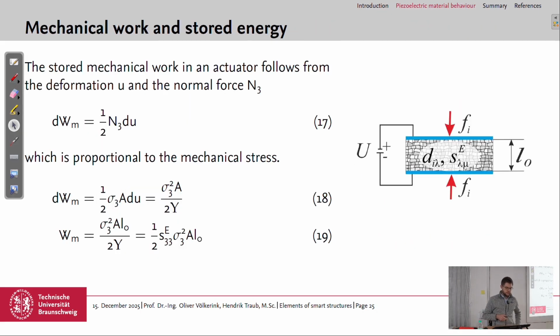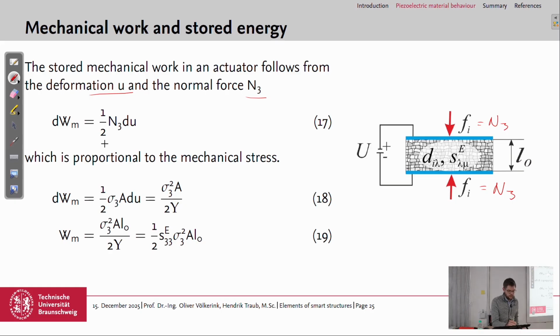We now have a look at the mechanical work and stored energy. So the stored mechanical work in an actuator is caused by the deformation U and the normal force N3, the normal force in 3 direction.